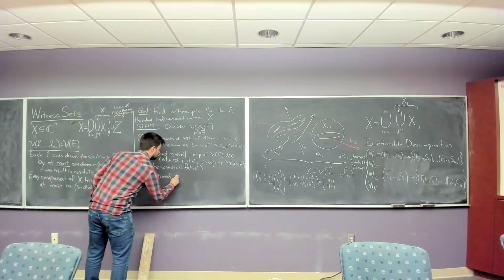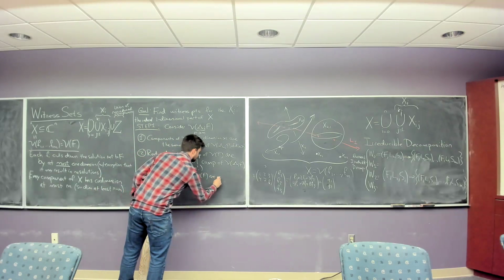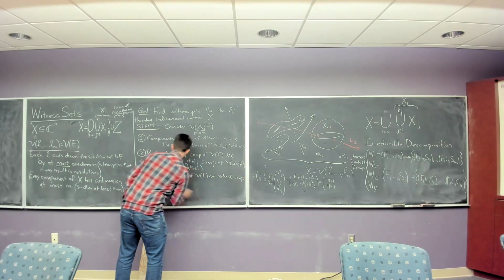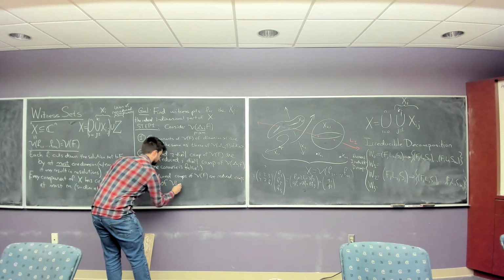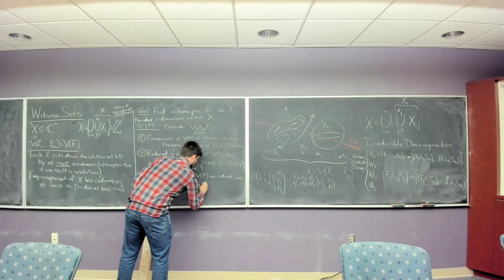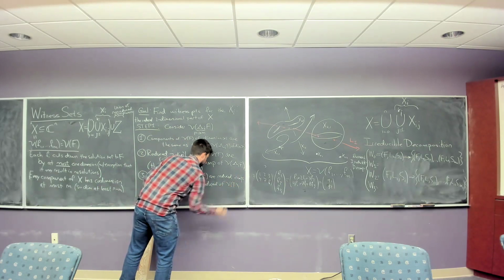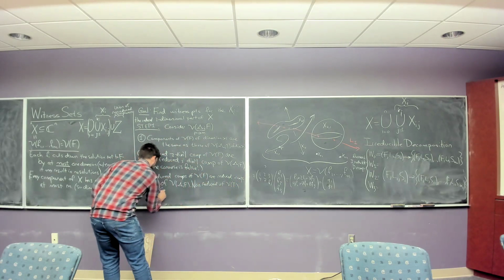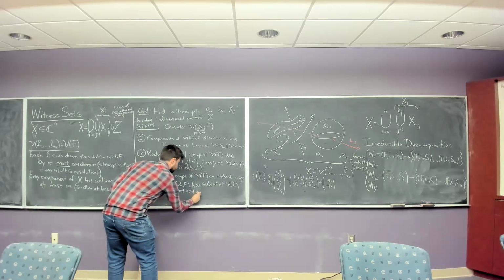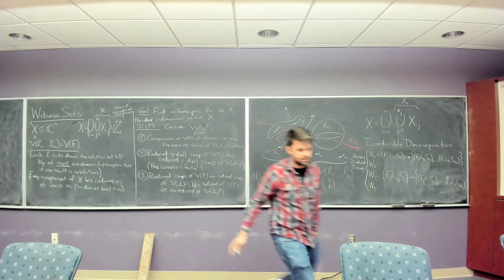Reduced components of V of F are reduced components of V of lambda i F. Non-reduced components of V of F are non-reduced. There's still a dimension consideration here.